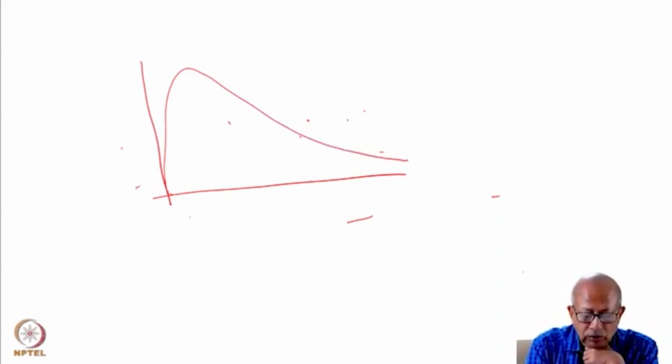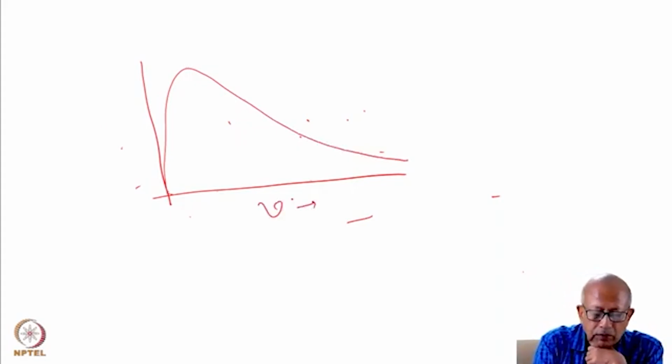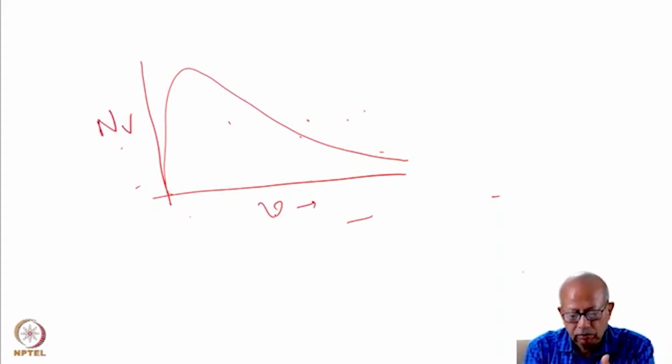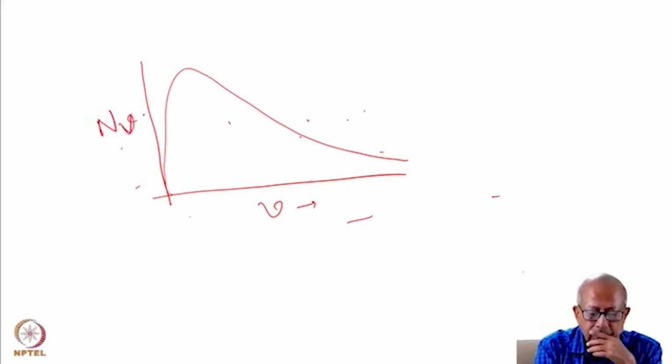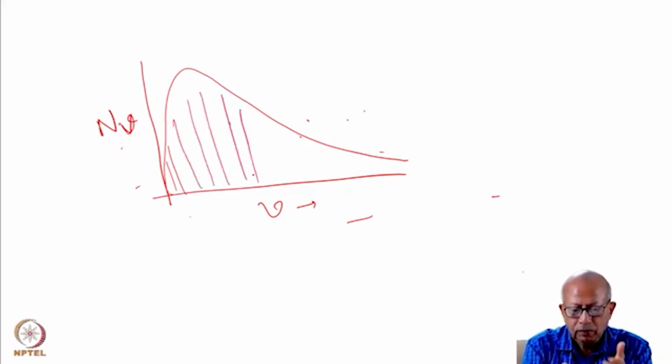So there is a number of electrons with a given velocity. There will be electrons with low velocity, moderate velocity, and also very large velocity.